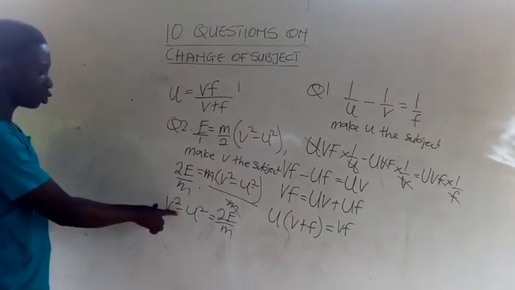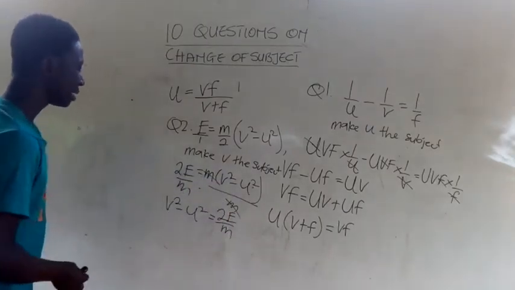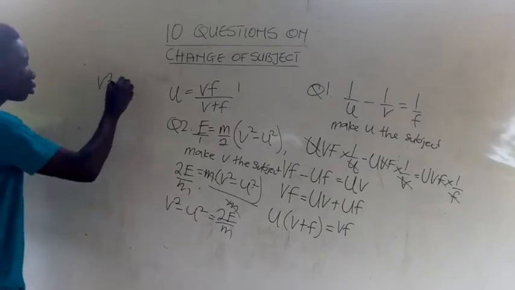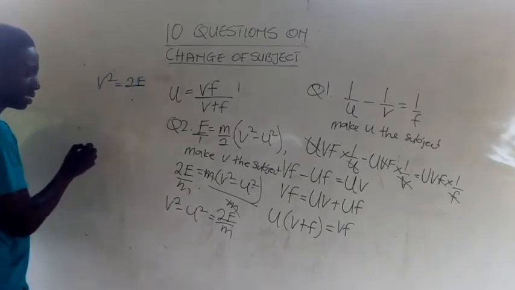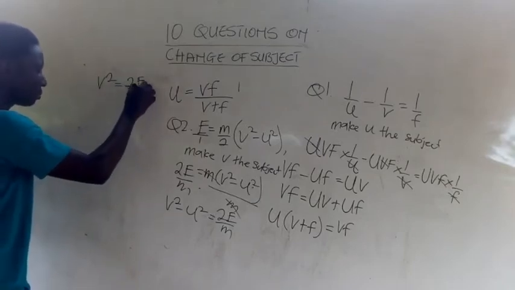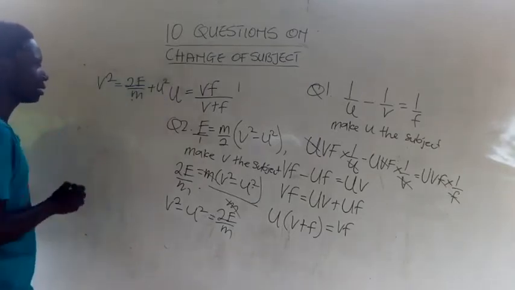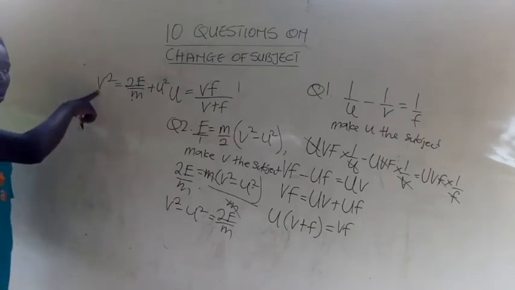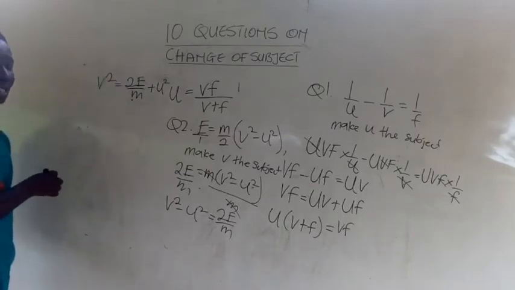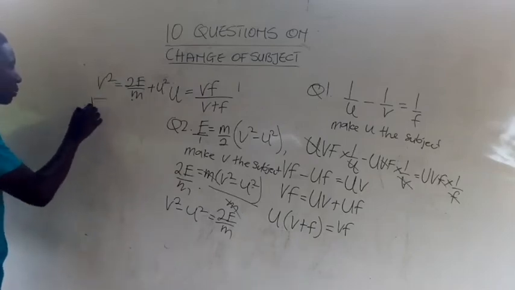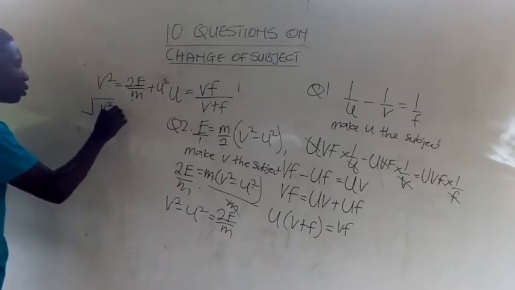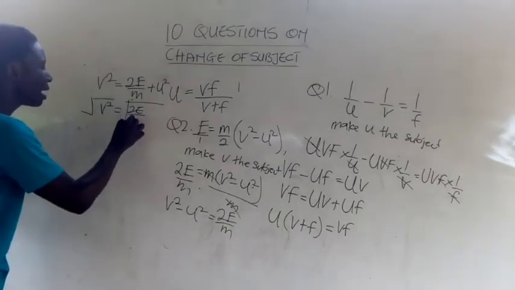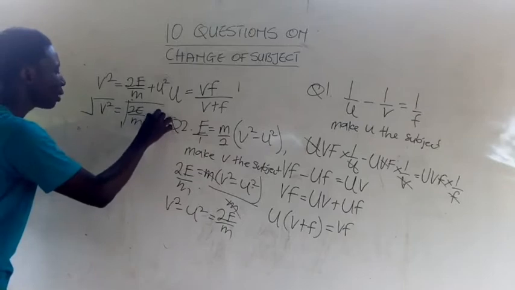Now we want v, so we transpose this to the other side. We are going to get v squared is equal to 2e over m plus u squared. This is what we are having. But then we want v, not v squared, so we take the positive square root of both sides. So we are going to get square root of v squared equals square root of 2e over m plus u squared.